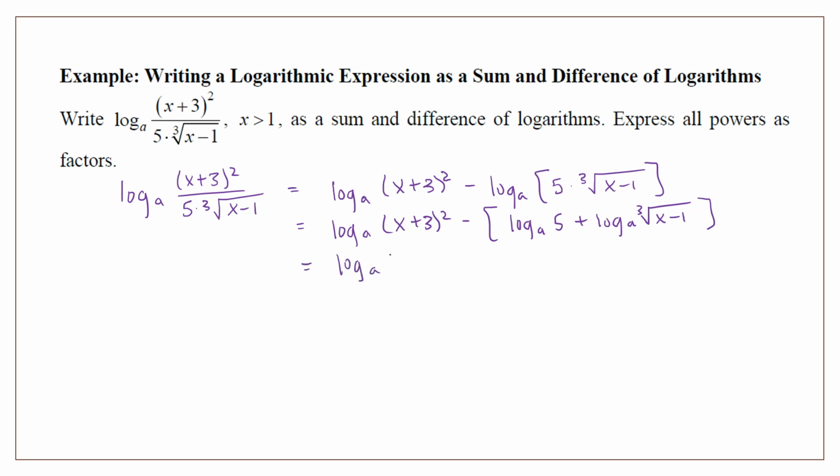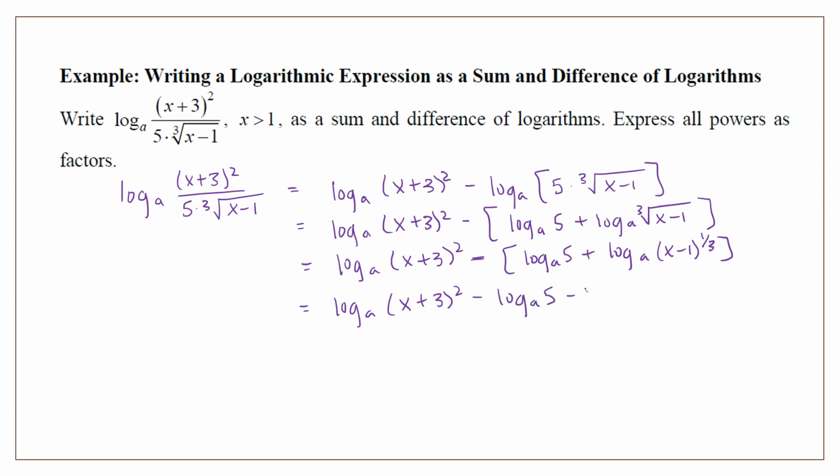So log base a of x plus 3 squared minus log base a of 5 plus log base a of x minus 1 to the power 1/3. Okay. We can now just drop these brackets by distributing this negative sign. So that's log base a of x plus 3 squared minus log base a of 5 minus log base a of x minus 1 to the 1/3.